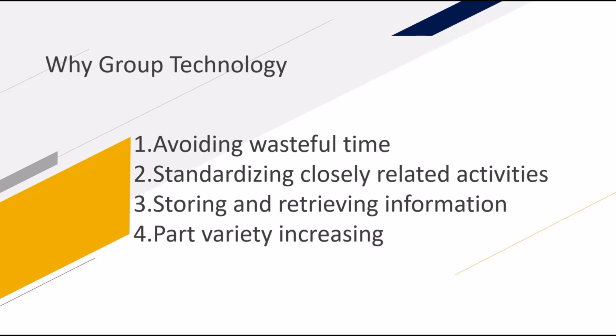And third, by efficiently storing and retrieving information related to recurring issues, thereby reducing the search time for any information. And it helps to produce a more variety of parts by using group technology.